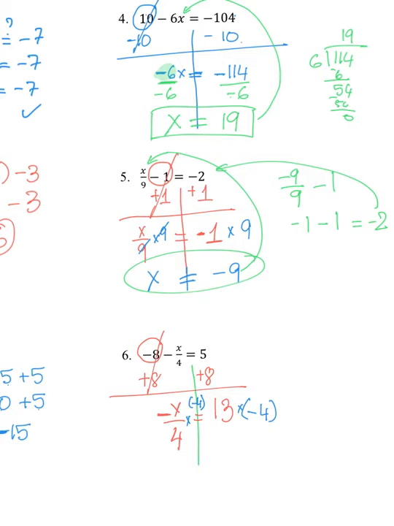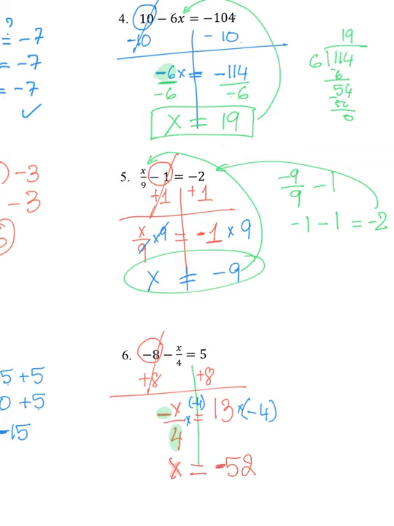So x over 4 means I'm going to multiply by 4, but because this is negative, I need to multiply by a negative number, negative 4. Okay, so x is equivalent to negative 52.